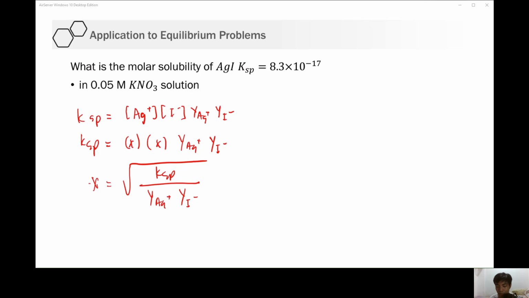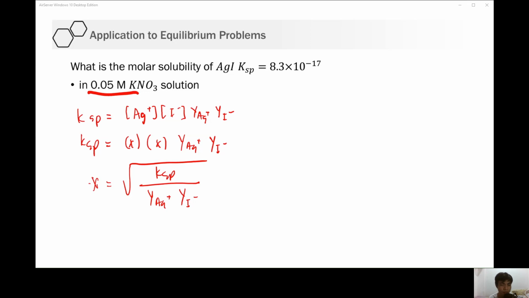So we already know the Ksp. How about gamma? For us to identify the gamma value, we should first know the ionic strength of our solution. If we have 0.05 molar concentration of a 1-to-1 ratio salt, that means this salt will produce one cation and one anion.